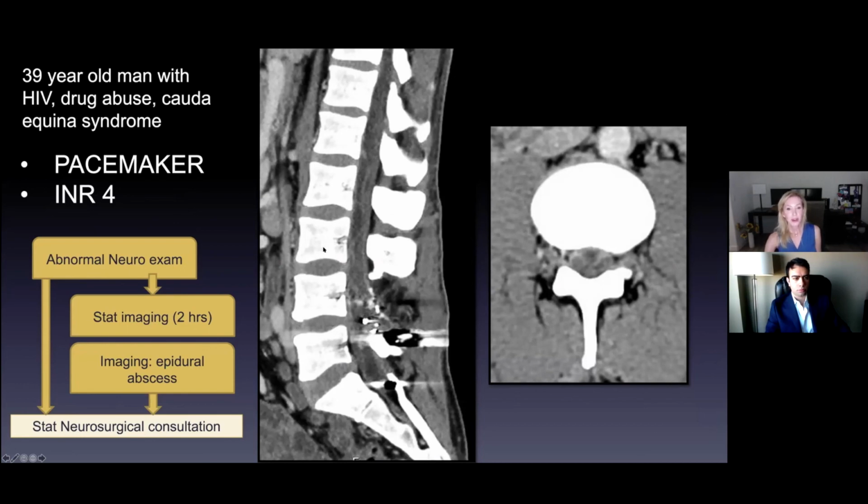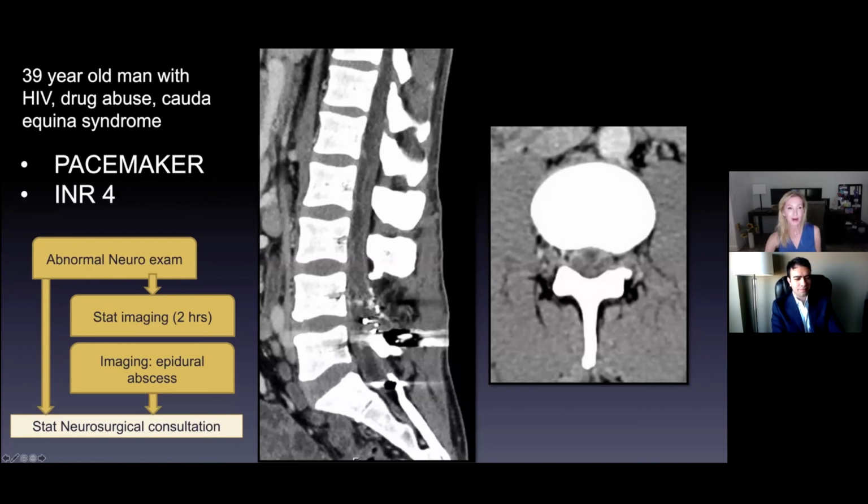But so he came in with cauda equina syndrome. First thing the ER doc says is, okay, I've got to get my labs and I've got to get him imaging, but he can't get an MRI because he has a pacemaker. So next choice down, which I told you from that algorithm, is a CT myelogram. But his INR is 4, so he cannot get a needle procedure safely.